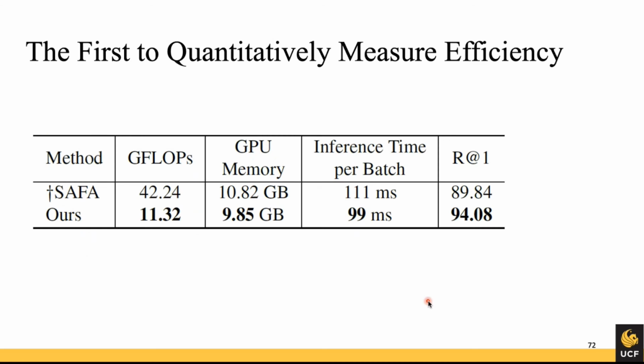We are also the first to do some evaluation in terms of efficiency. Compared to the state-of-the-art method, our method is able to improve the retrieval accuracy, but also enjoys computation and memory efficiency, in terms of GFLOPs and GPU memory.